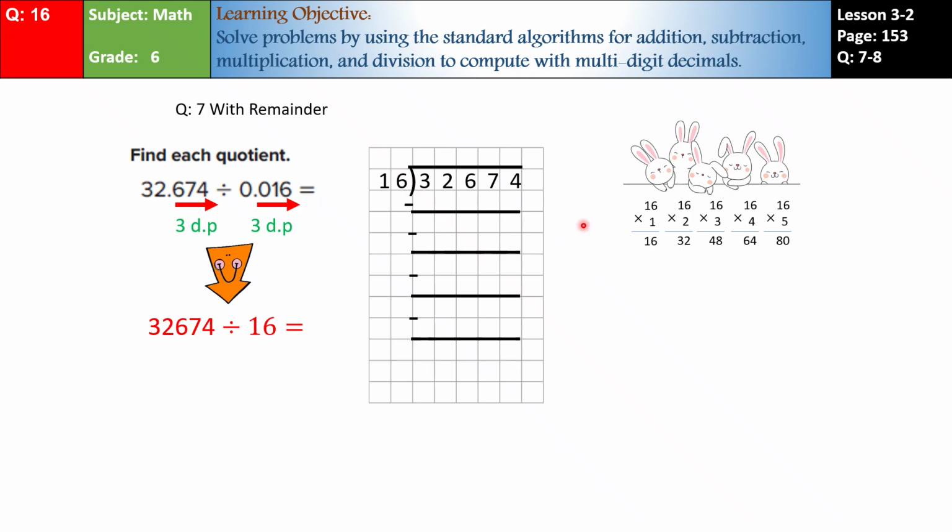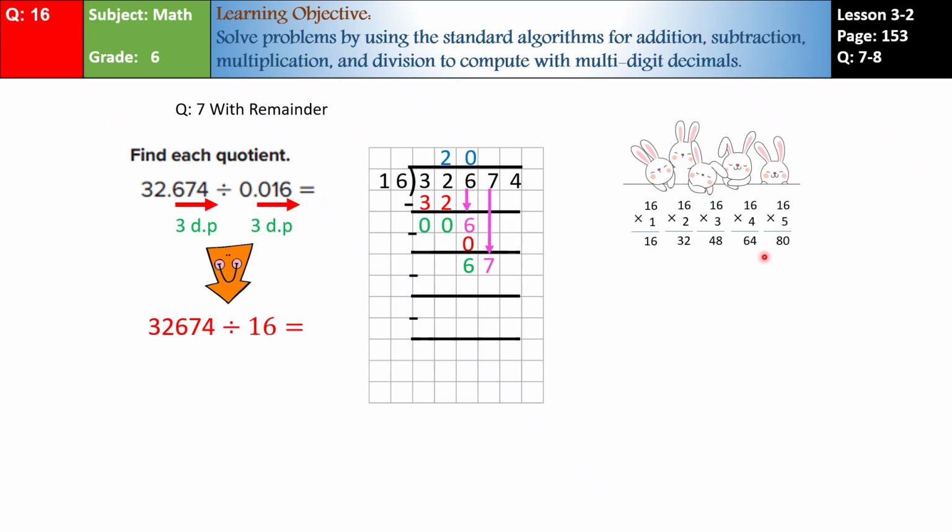Now from here we can see that 16 times 2 is 32. Then minus, 6, bring 7 down. Now we need to bring 7 down. Why? Because we cannot divide 6 by 16. When we are bringing 2 digits down together, we need to add a 0 on the top.